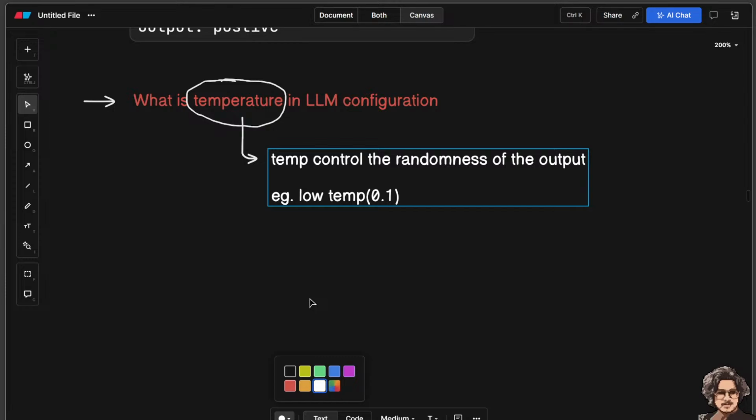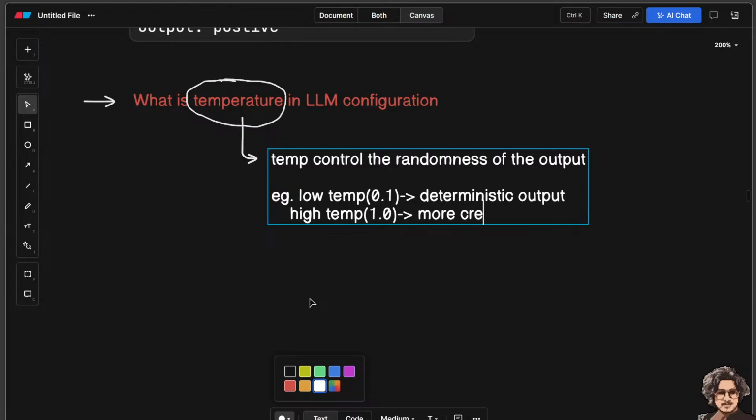A high temperature, for example 1.0, results in more creativity and diversity. So with a low temperature we receive a more deterministic output, but with a high temperature we expect more creativity and diversity in our output.